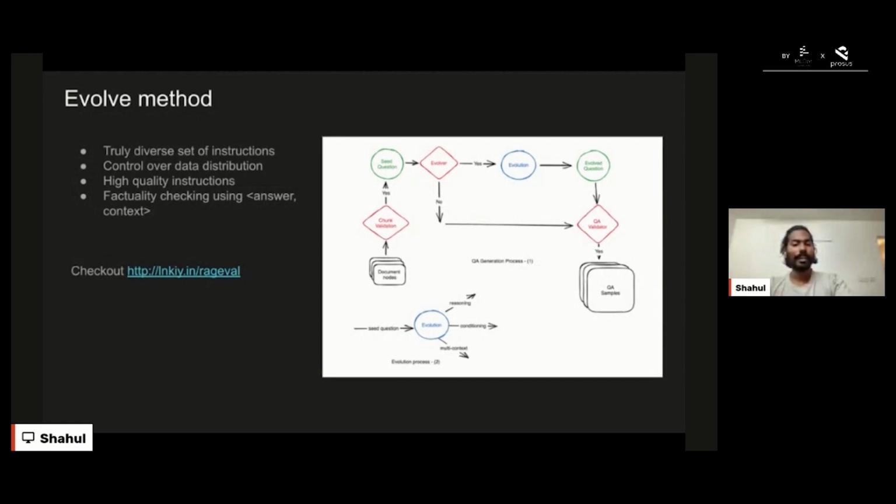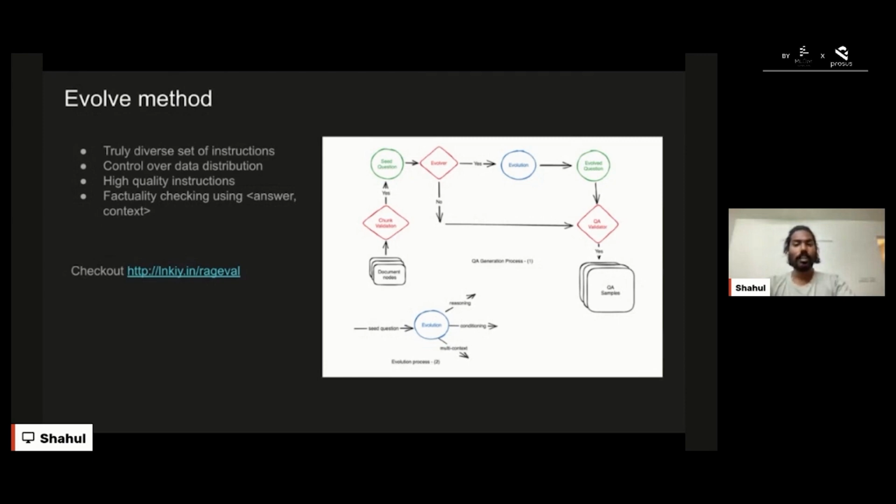There is also an issue of validating the given document. Not every chunk can produce high quality data, because the quality of a question is highly dependent on the quality of the underlying document. So there is a need to validate the given chunk of text to ensure that it can produce high quality data.